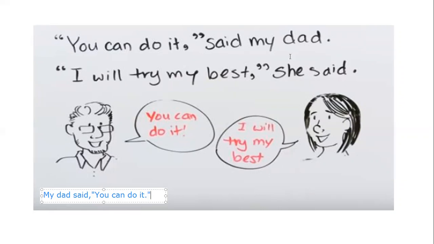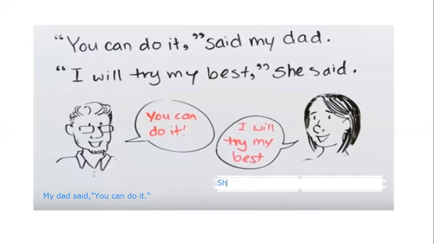What if I change the second sentence? "I'll try my best," she said. Let's try to place the speaker first. She said. Then I separate the one who is speaking from what's being said using a comma.